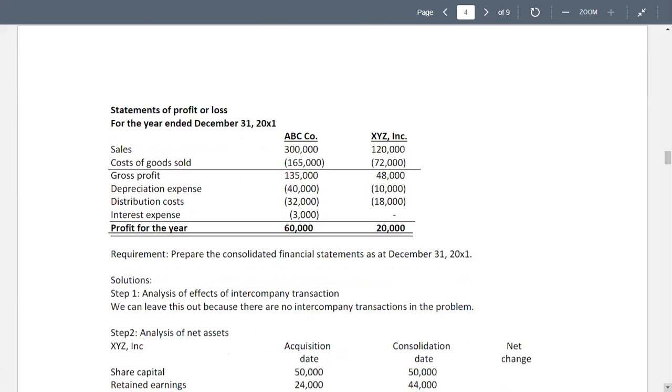So, solution: we are now going to follow the steps given. Step 1, analyze the effects of intercompany transactions, but there is none at all. So we can just leave this out because there is no intercompany transaction.